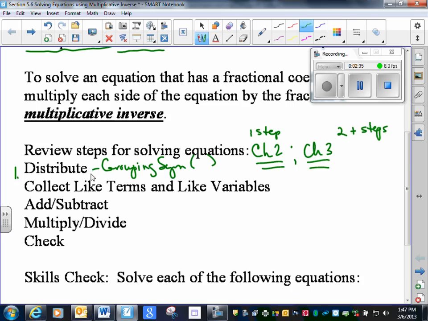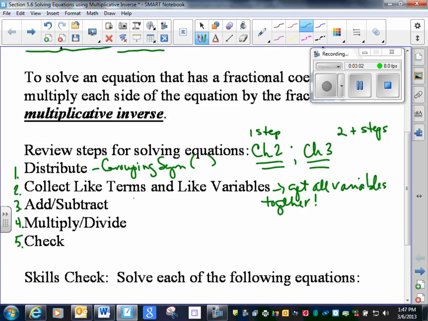We took care of the distribution, then we collected any like terms and any like variables. And also we had to get all variables together on one side of the equal sign. Then we did the addition and subtraction. Finally, we did the multiplication and division right before our check.